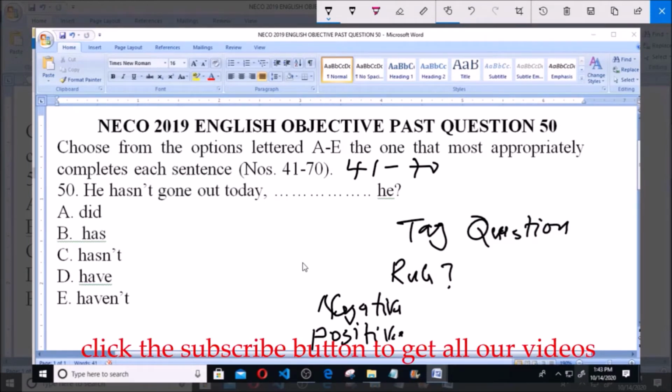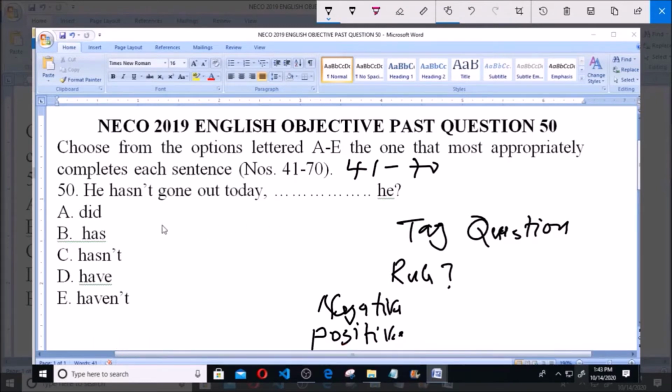So if you look at this statement very well, you find out that this statement is in its negative form. He hasn't. That is, hasn't here is a contraction of has not. So we can say he has not gone out today dash E. So not is a negative word.